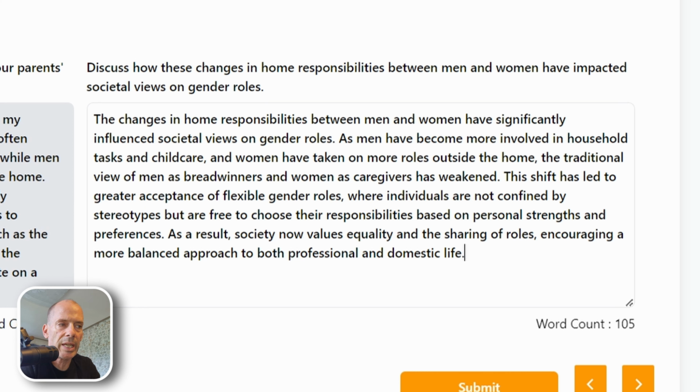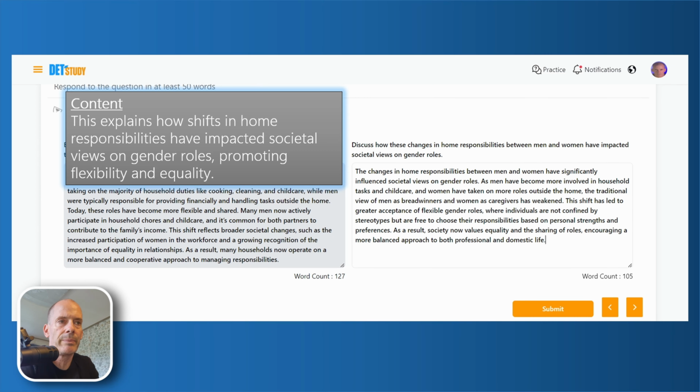There's a good word, stereotypes. Look that up. But are free to choose their responsibilities based on personal strengths and preferences. As a result, society now values equality in the sharing of roles, encouraging a more balanced approach to both professional and domestic life. I like it. It explains how shifts in home responsibilities have impacted societal views on gender roles, promoting flexibility and equality.